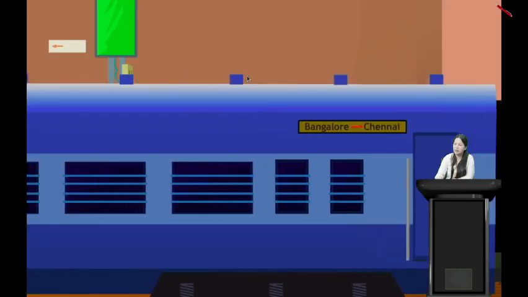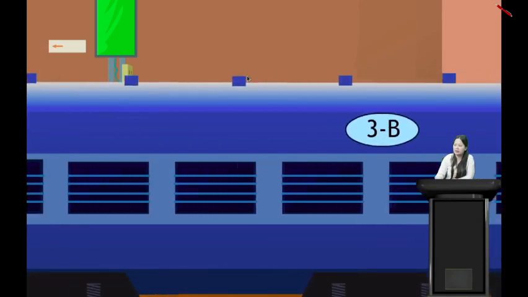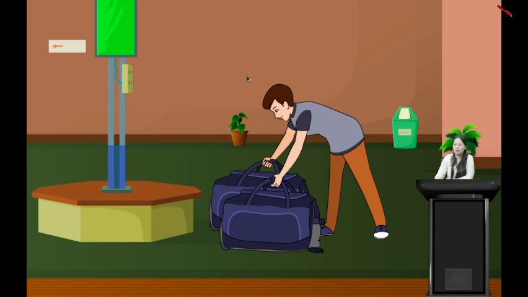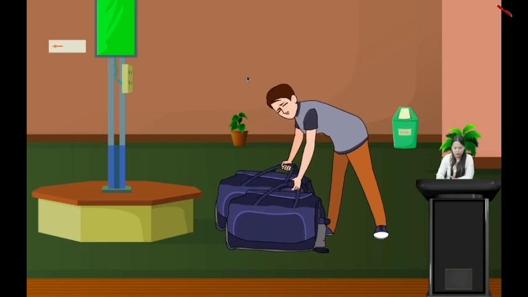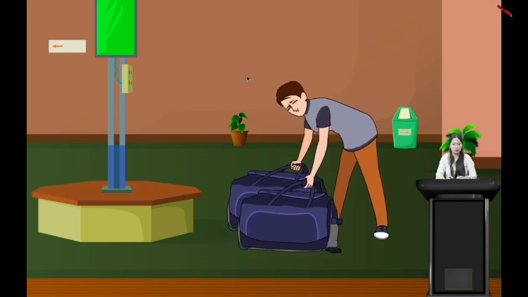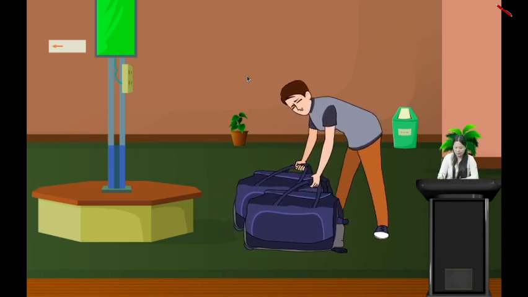So here we see a person returning from a journey. Now he is trying to lift these 2 big bags, but he is finding it difficult, right? Now he is pulling it, but it is difficult to pull it, to slide it. Yes, students?